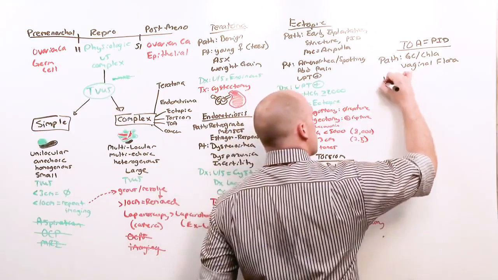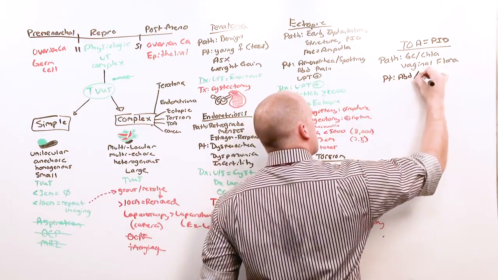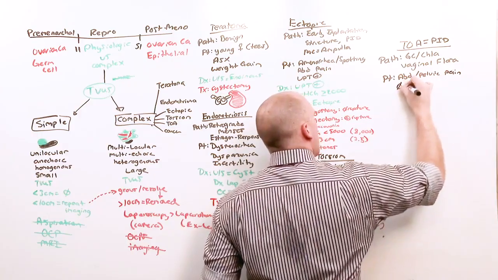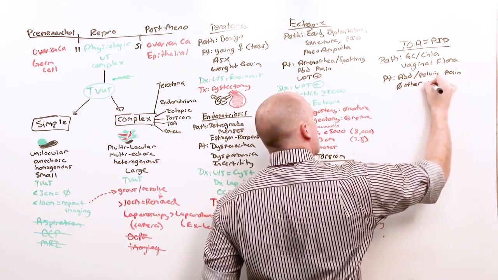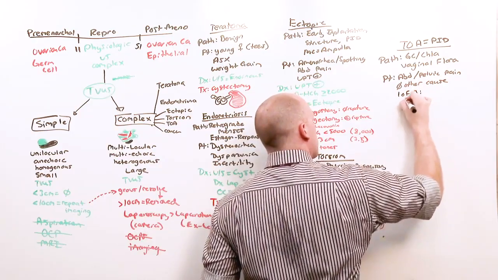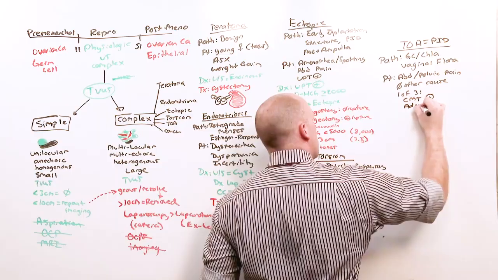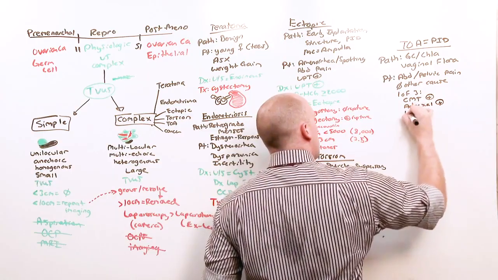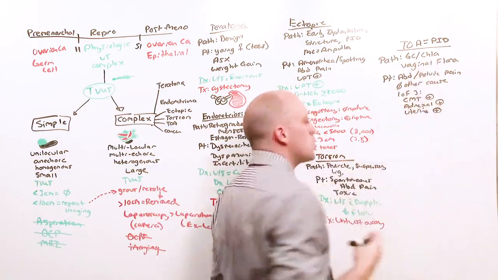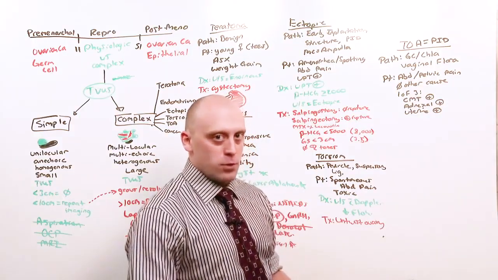So you see the same presentation, which is defined by the CDC as abdominal or pelvic pain, no other cause for the symptoms, and one of 3 of these: cervical motion tenderness, adnexal tenderness, or uterine tenderness. Now, tubo-ovarian abscess is like the ultimate version of pelvic inflammatory disease.